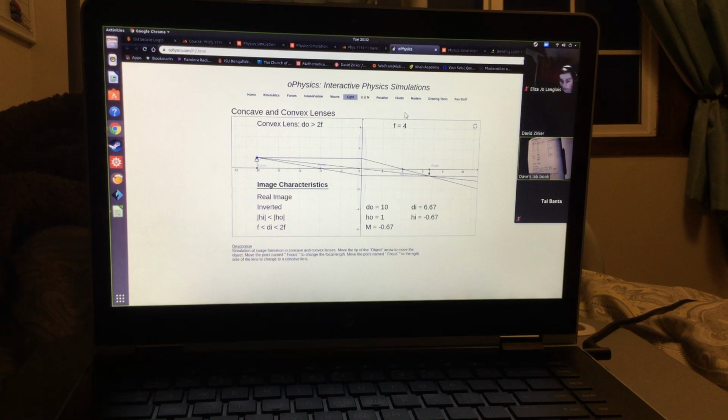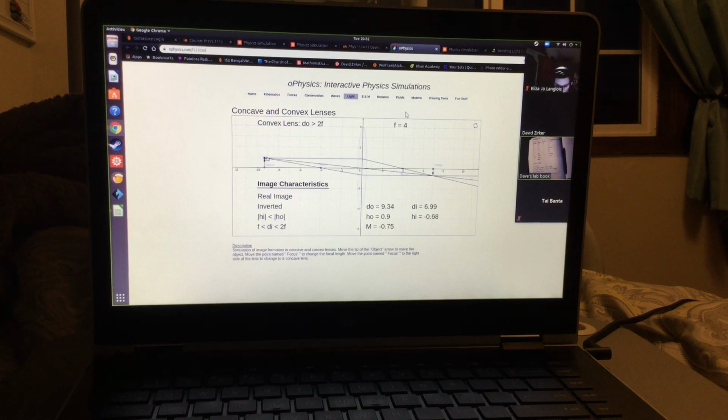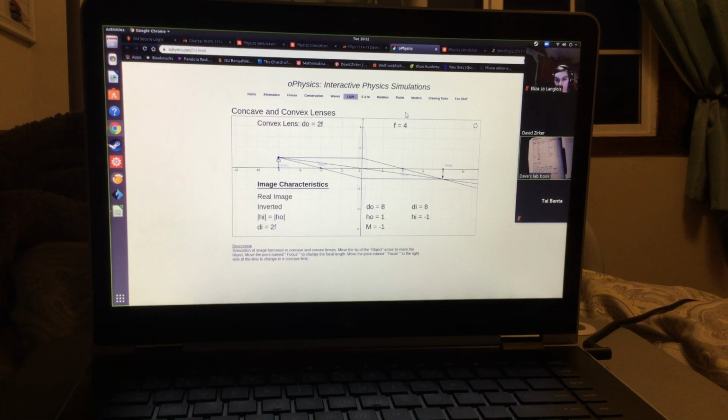So like right now at 10, it's smaller. And at 9, it's smaller. At 8 is the same size. 7, it's bigger. 6 is bigger. So you can write down these distances, it's smaller. These distances, it's bigger. Okay, gotcha.